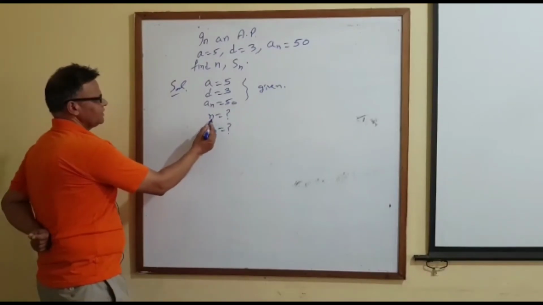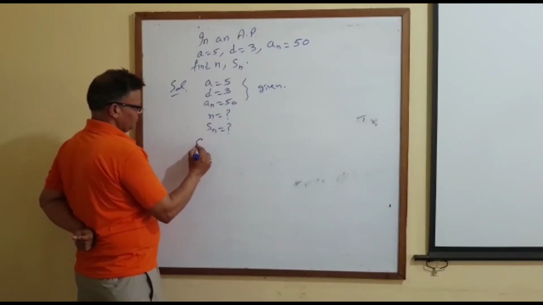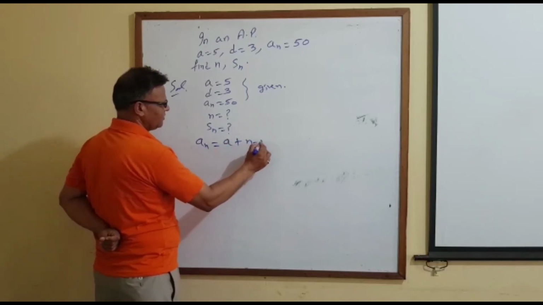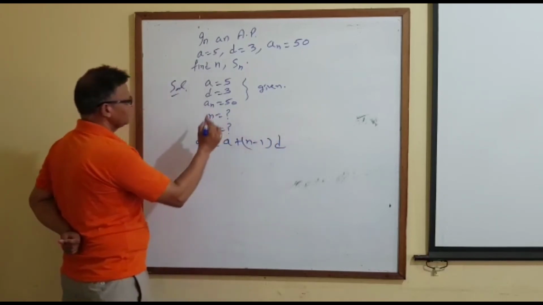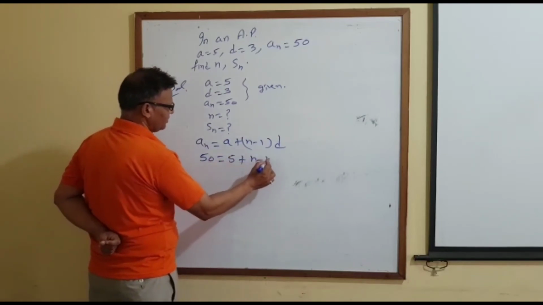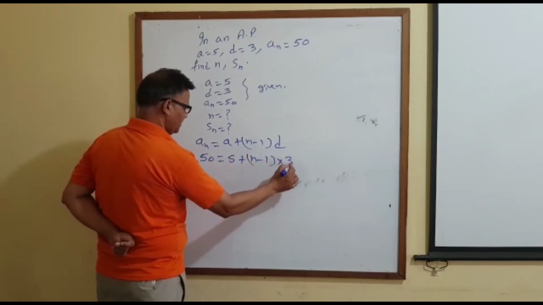So now we first find n. We apply this formula, an is equal to a plus n minus 1 into d. So an is 50, a is 5, n we don't know, and d is 3.